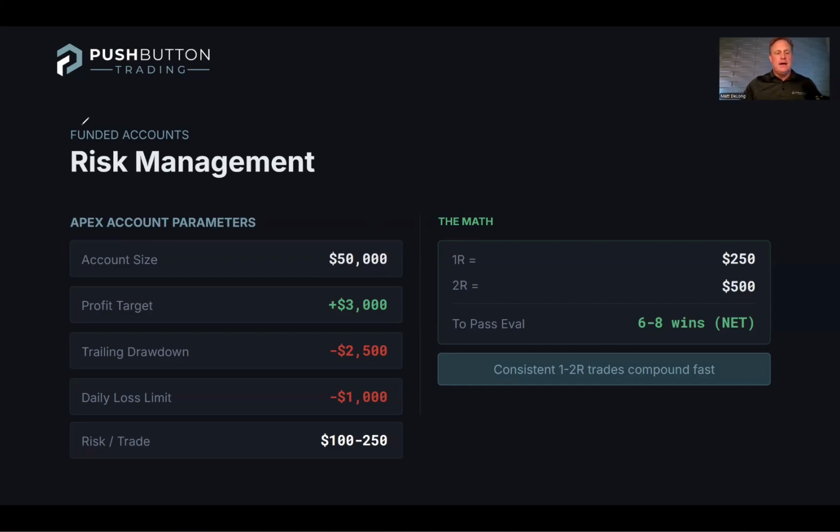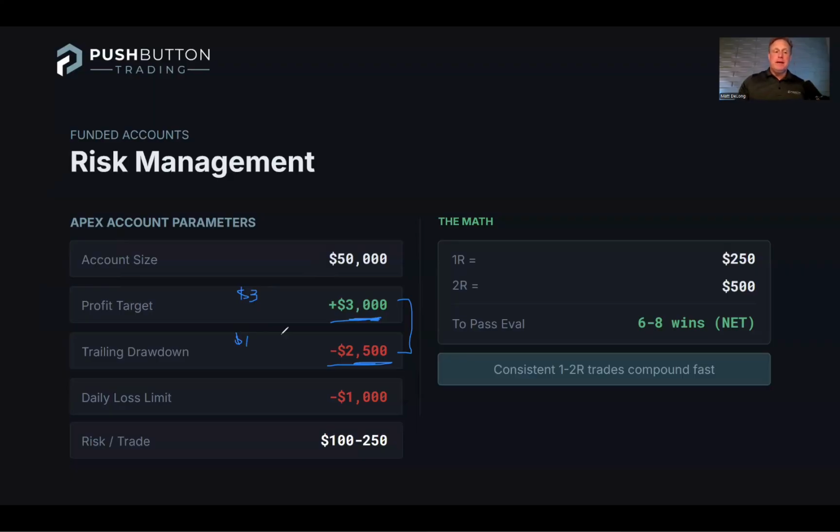Growing your account $3,000 with 2,500, this is almost a 1-to-1 ratio, right? It's fairly easy, right? But when you get into the 300K account, it ends up being 3-to-1, meaning you've got to make $3 of profit for every $1 you're allowed to lose.